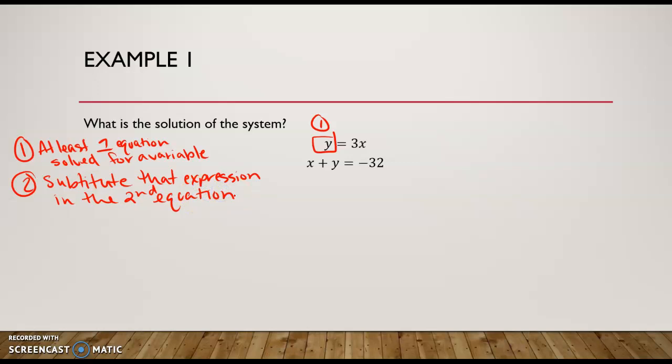So what that means is I'm going to take this 3x, and if it helps, put parentheses around it here, and I'm going to put it where this y is. So now I'm going to make this x plus 3x equals negative 32. So that's step two.